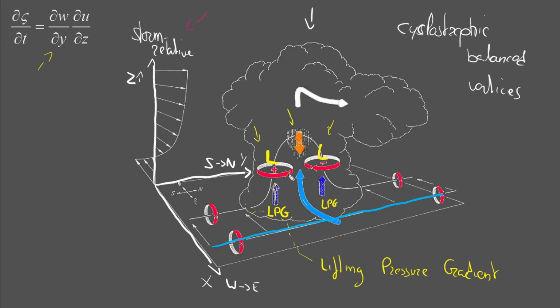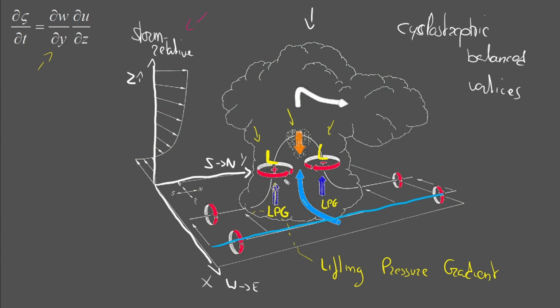We want this one to spin up preferentially faster than this one. And we can do that rather easily. We want the cyclonically spinning vortex to increase. We want d zeta dt in this one to increase, because as this rotates faster, it will draw up more air from below, and this one will essentially die out.